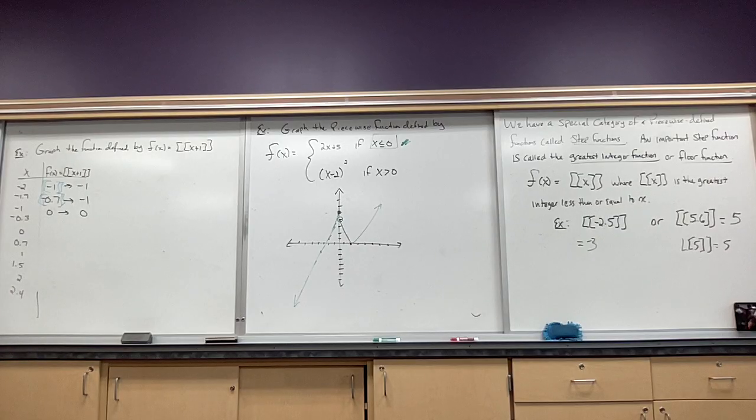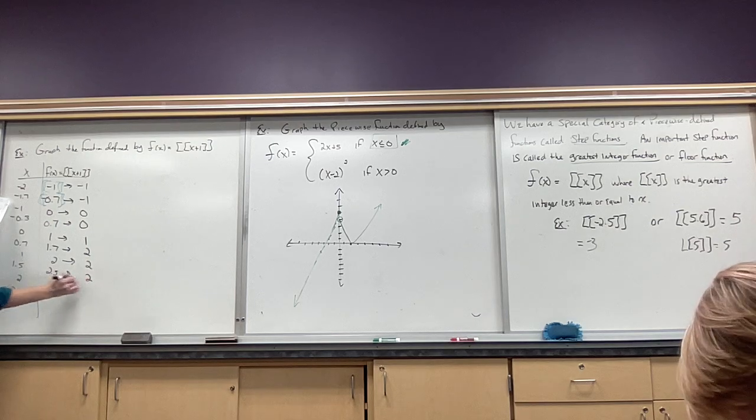Okay. So if I plug in -0.3 into there, I get 0.7. And 0.7 with the brackets there is going to give me a 0. If I plug in 0, I get 1, so I get 1. 0.7 is 1.7, which gives me 2. If I plug 1 in, I get 2, which gives me 2. 1.5 gives me 2.5, which gives me 2.